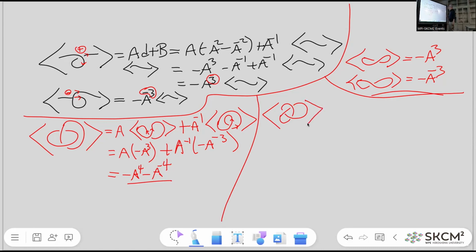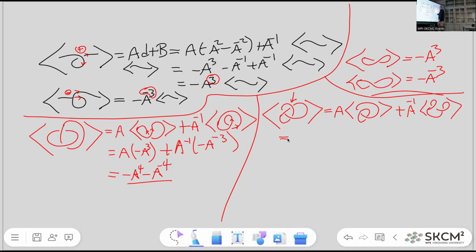I can choose any crossing in the trefoil knot and apply the technology, and we get A times, suppose it's that crossing, oh, there's the Hopf link coming in, plus A inverse multiplied by this.